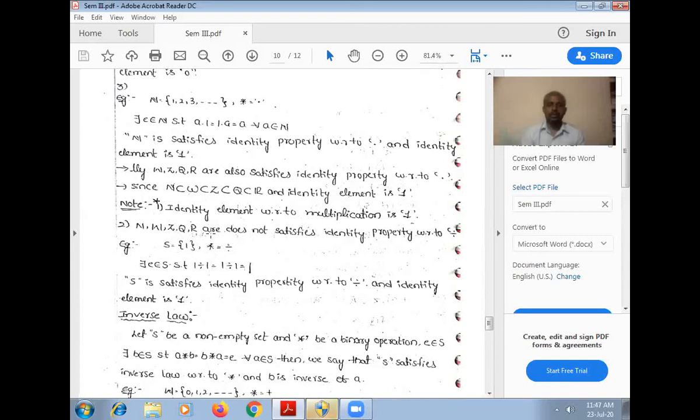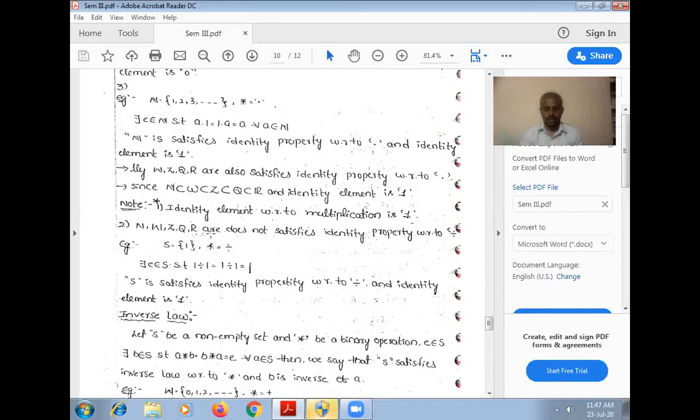S satisfies the identity property with respect to divide because S contains only a single element, that element is 1. So 1 divide 1 equal to 1 divide 1 equal to 1. So S satisfies the identity property with respect to divide, and the identity element here is 1.